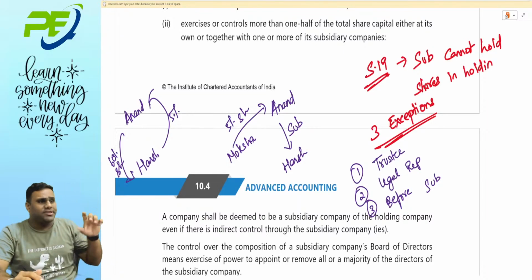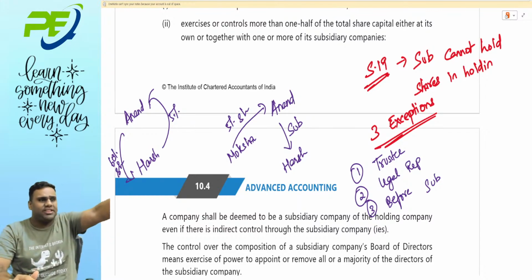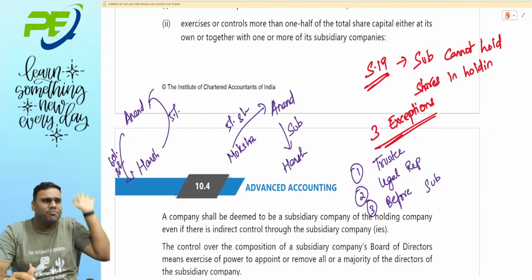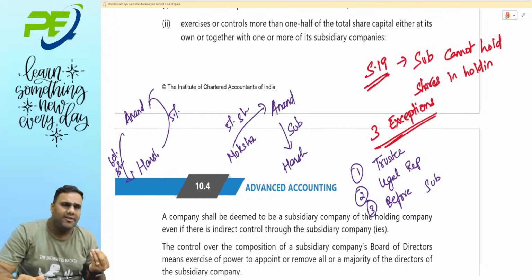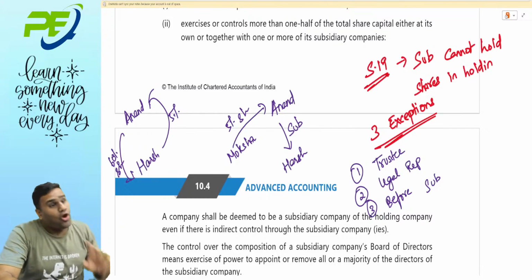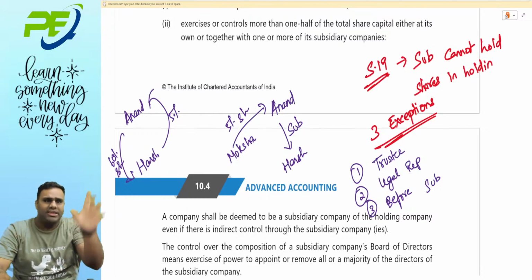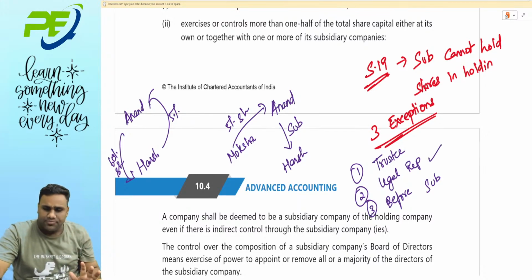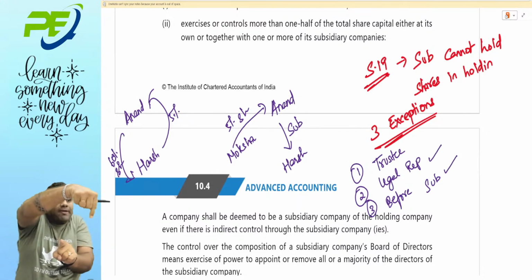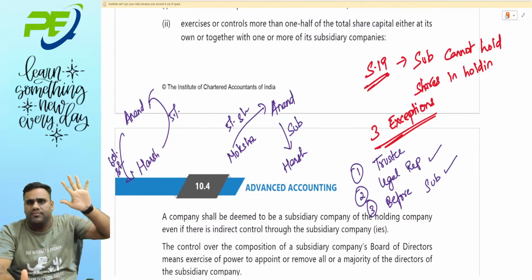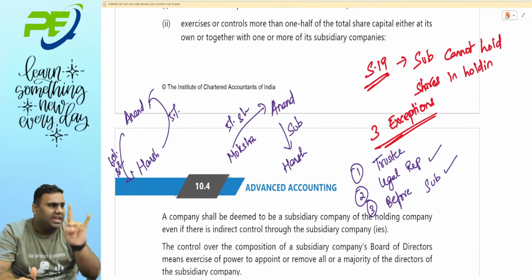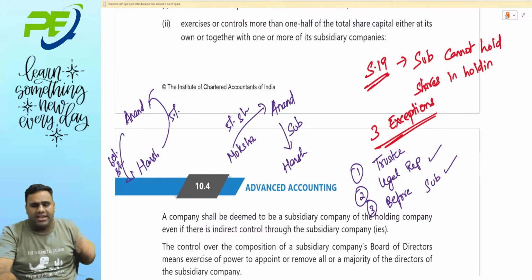The day he purchased 60% shares, did Harsh become a subsidiary? Yes. But he was already having the shares. Is it allowed by law? Yes. That is our third point. So, before it becomes a subsidiary, it had shares, and it is allowed by law.